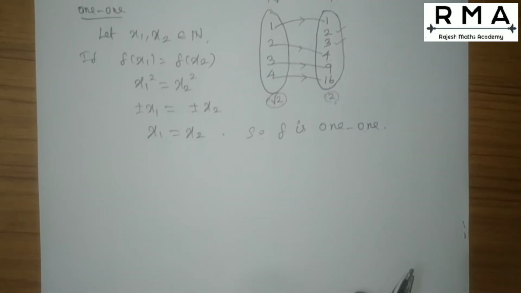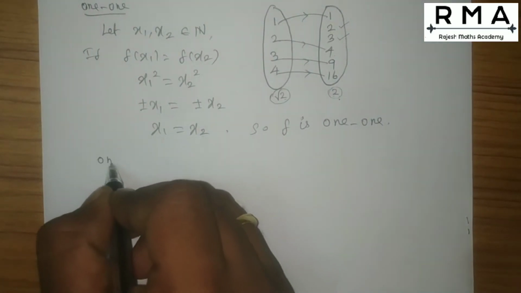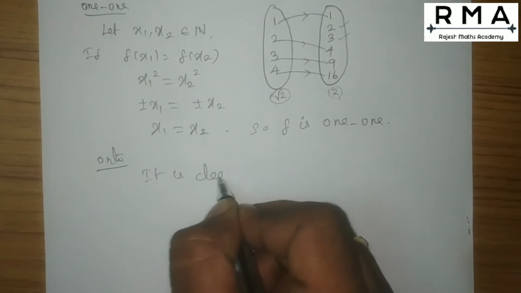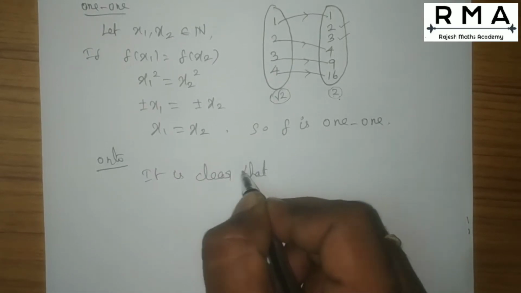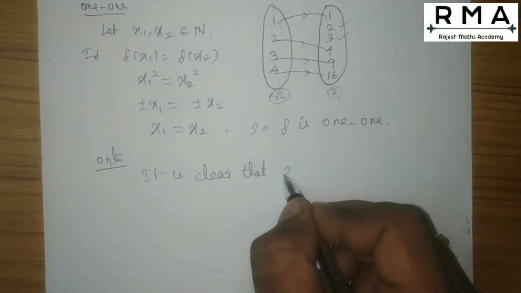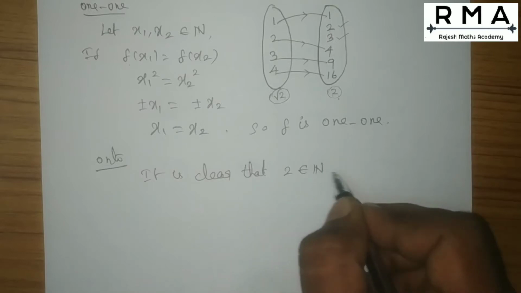Now I am going to prove that it is not onto. For example, you can take 2 belonging to the natural numbers.